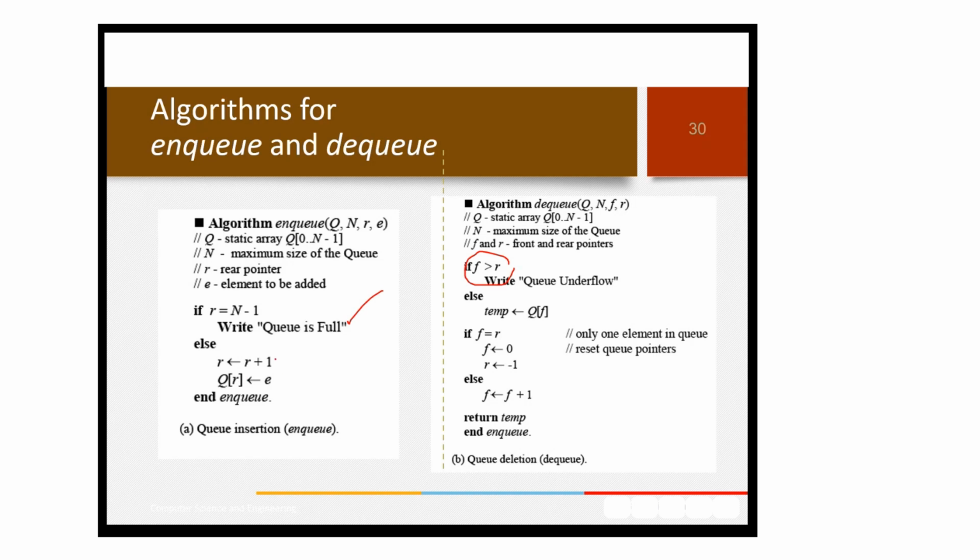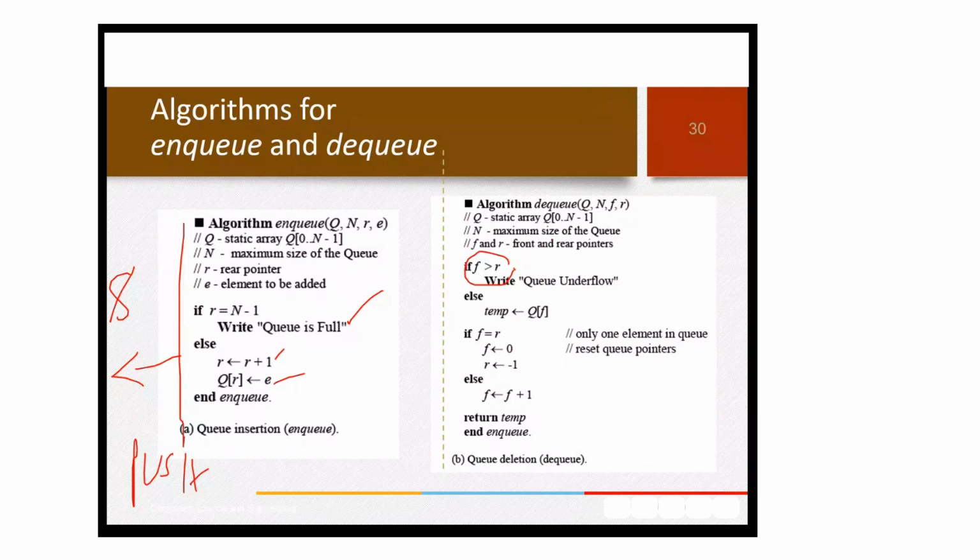Otherwise increment R and insert. So you can see this is exactly the same as stack push. Instead of R, if you replace this with top, it's done. Right. So when you come to DQ, it's not the same as pop.